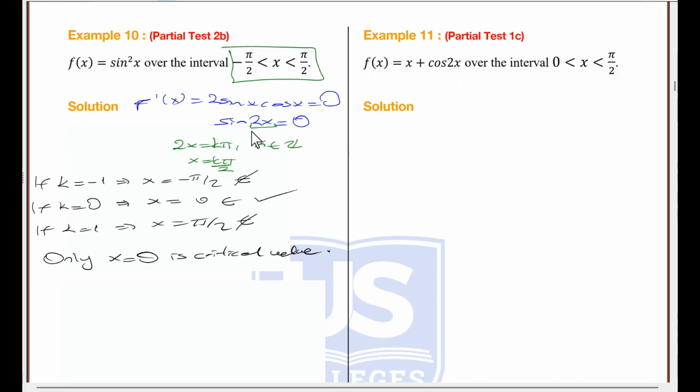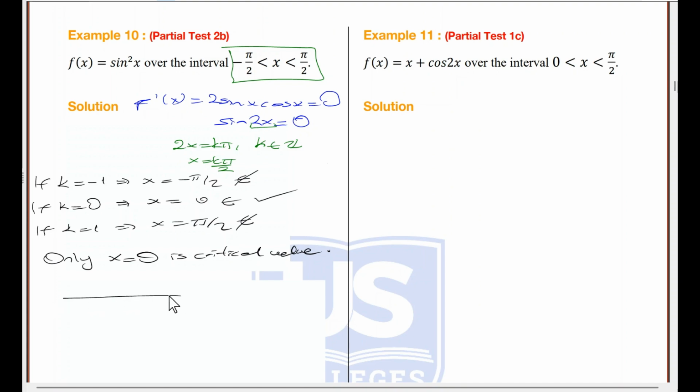For the results that have k in them, we try some integer values to figure out the exact specific x values, which should fall in the given interval. So this is the only critical value.